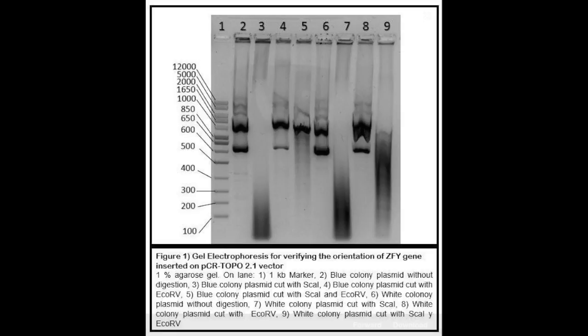Lane 1, 1 kilobase marker; 2, blue colony plasmid without digestion; 3, blue colony plasmid cut with ScaI; 4, blue colony plasmid cut with EcoRV; 5, blue colony plasmid cut with ScaI and EcoRV; 6, white colony plasmid without digestion; 7, white colony plasmid cut with ScaI; 8, white colony plasmid cut with EcoRV; 9, white colony plasmid cut with ScaI and EcoRV.